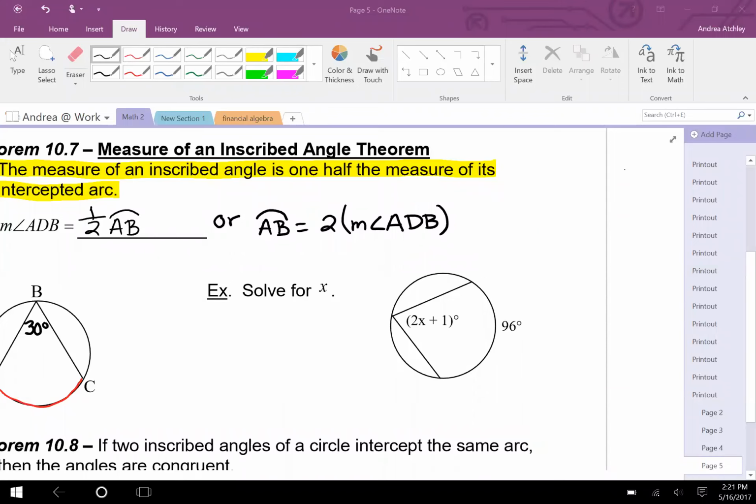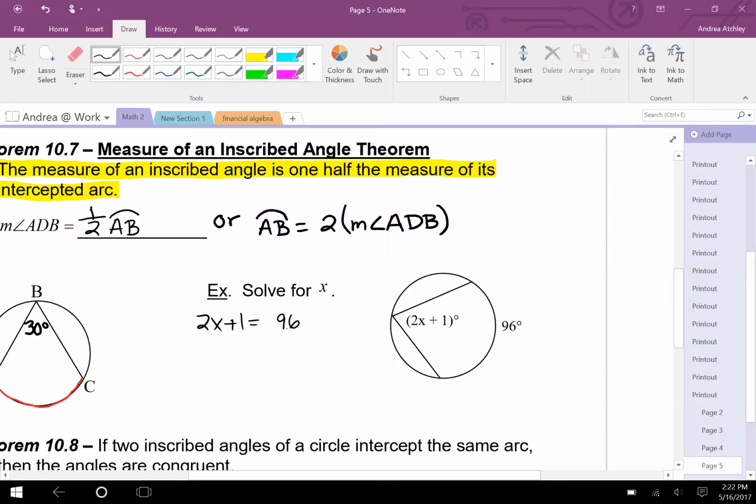Okay, so the angle and the arc are related. They're not equal to each other, but we are going to set up an equation. We're going to say that 2x plus 1 equals 96.